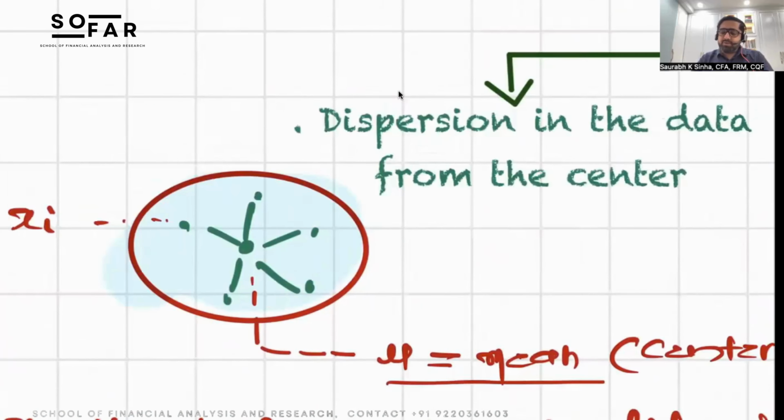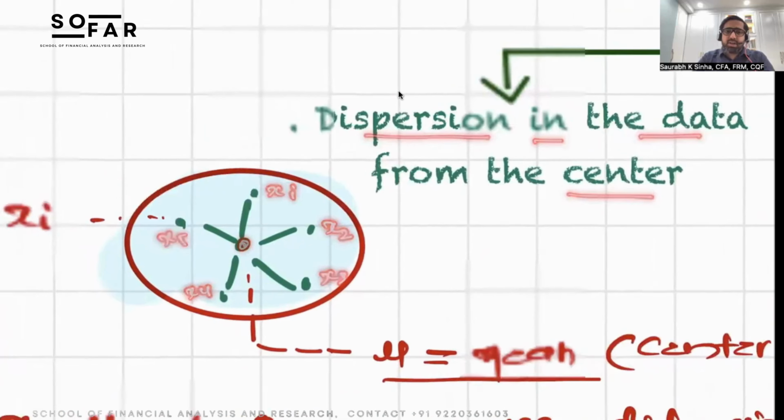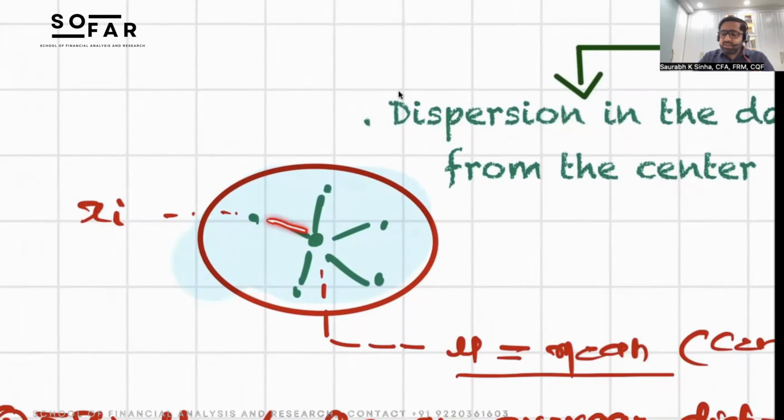Now, if I have to find the dispersion in the data from the center, so this is the center and these are the different data points like x1, x2, x3, x4, x5. What I need to do is find out the distances from the center. So you would take this number and find the distance from the center. I would write, say, xi minus mu.